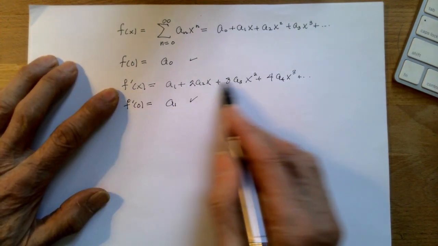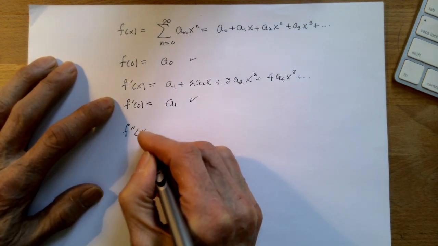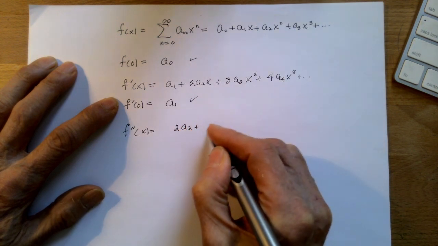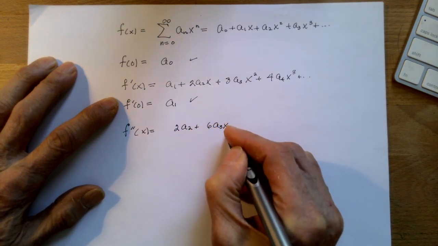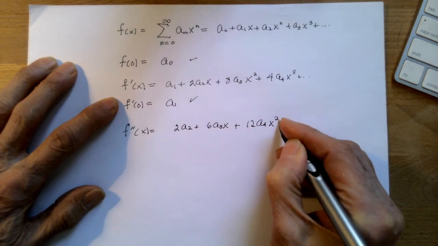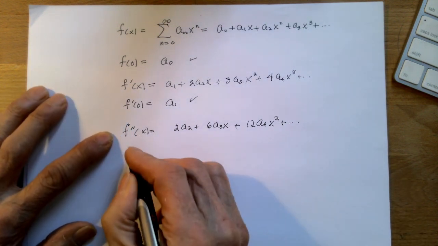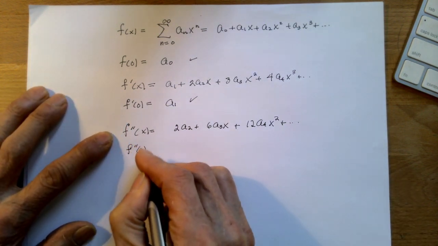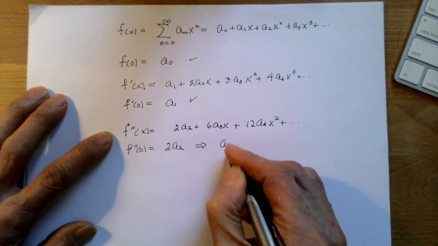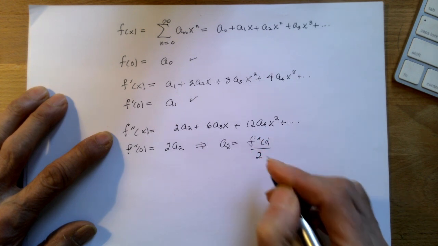Let's go back to the derivative and take the second derivative. So the second derivative would be 2a2 plus 6a3x plus 12a4x squared plus dot dot dot. And now I can find a2. In fact, f double prime of 0 is 2a2, which means that a2 is f double prime of 0 divided by 2.